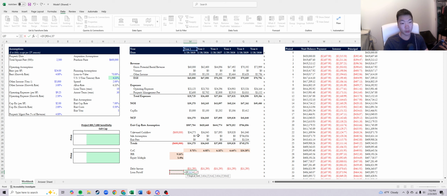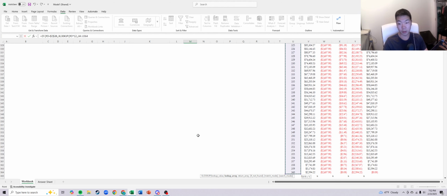So if that equals our exit year, I'll then have to look up my end balance. So XLOOKUP would be my current year times 12. And I'm going to look that up here.